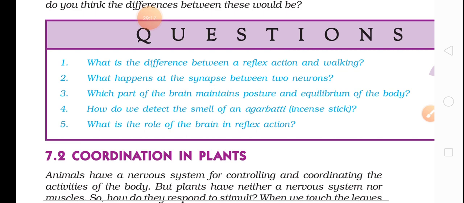How do we detect the smell of agarbatti? What is the role of the brain in reflex action? So these are some of the questions which you should know. So just go through these questions and try to answer on your own. And if you have any doubt, do ask me. So with this, I'll just end today's lecture.